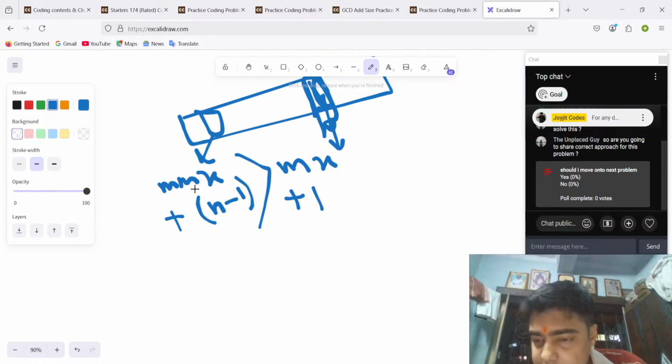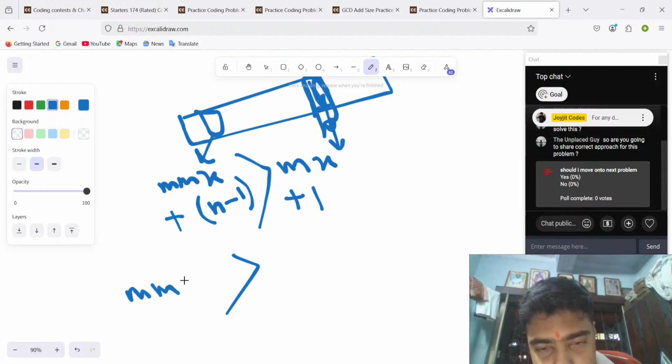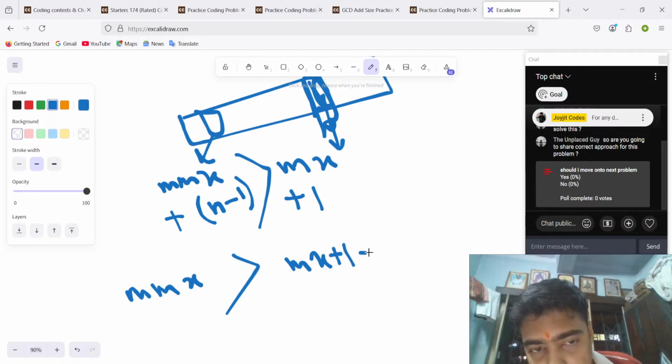The condition is very simple. mmx has to be greater than mx plus 1 minus n. That is mx plus 1 minus n.